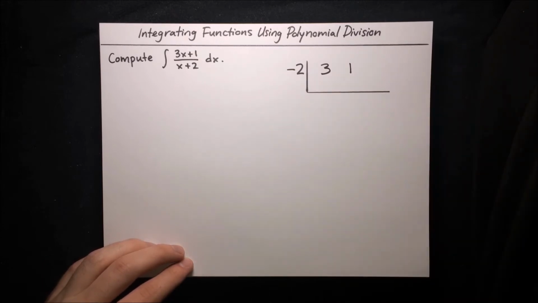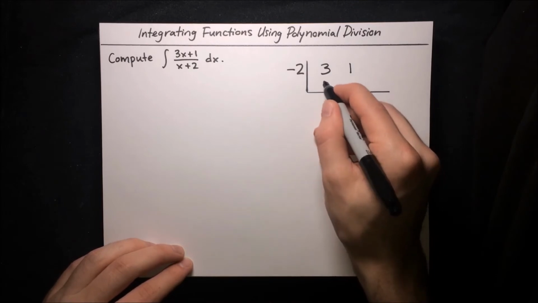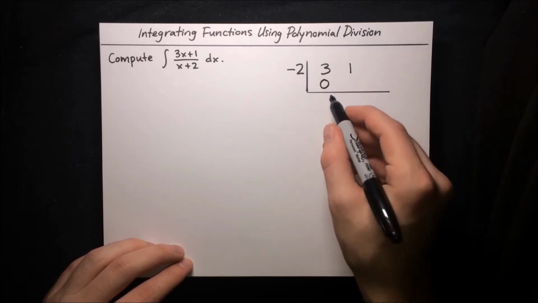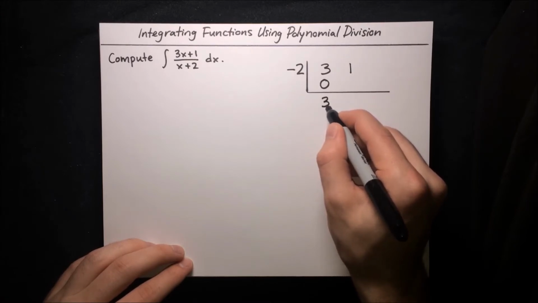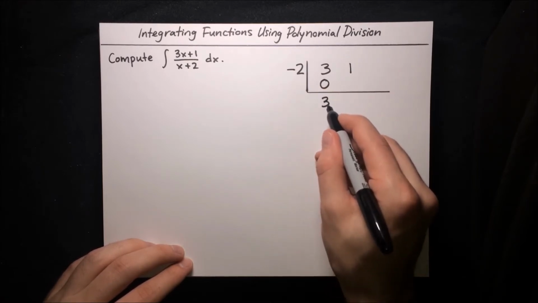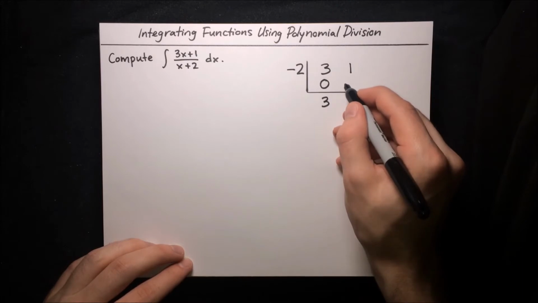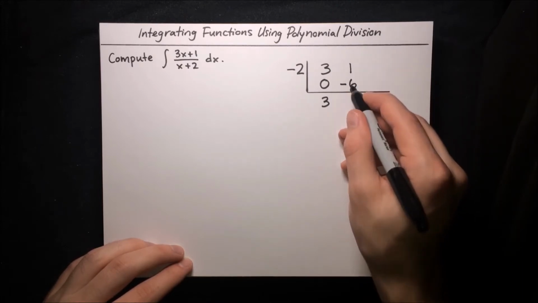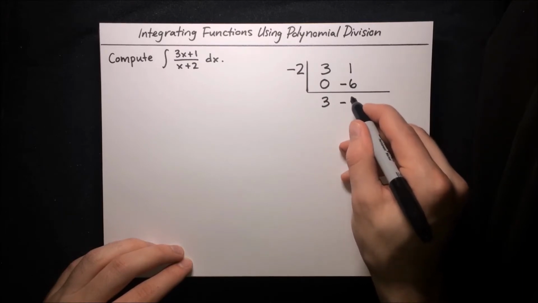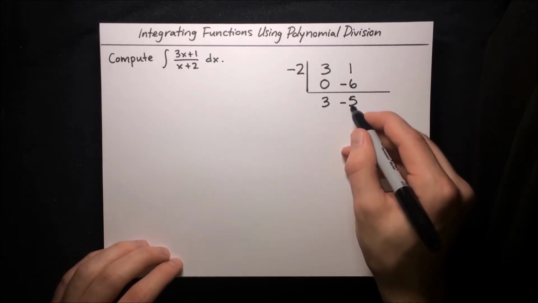Now we go through a repeated process of adding and multiplying. Starting by filling in under this first entry with 0, we add down the column, 3 plus 0 is 3, and then we multiply negative 2 times 3 to get negative 6, which we put in the next column under the 1. Then we add 1 plus negative 6 is negative 5, and we've reached the end.